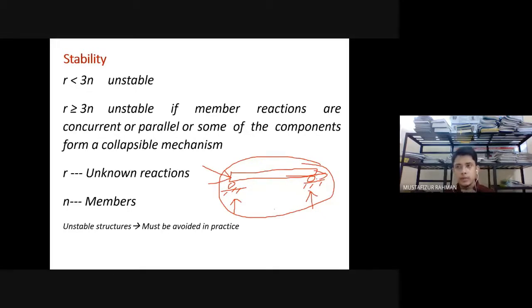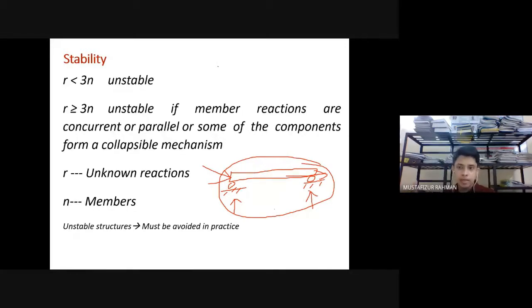So there is unstable, statically determinate, and statically indeterminate. In a statically indeterminate structure, if we remove one or two members, it will still be stable. Why? Because to be stable, the minimum condition is to satisfy the statically determinate structure.